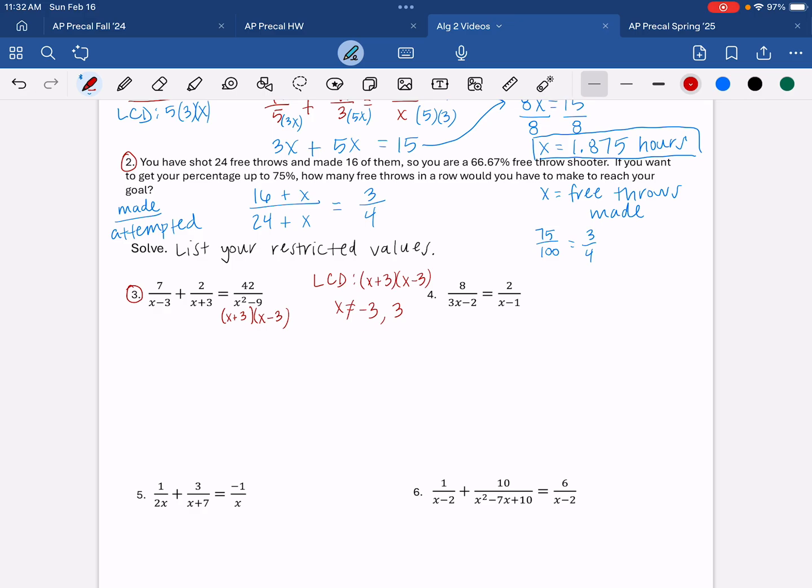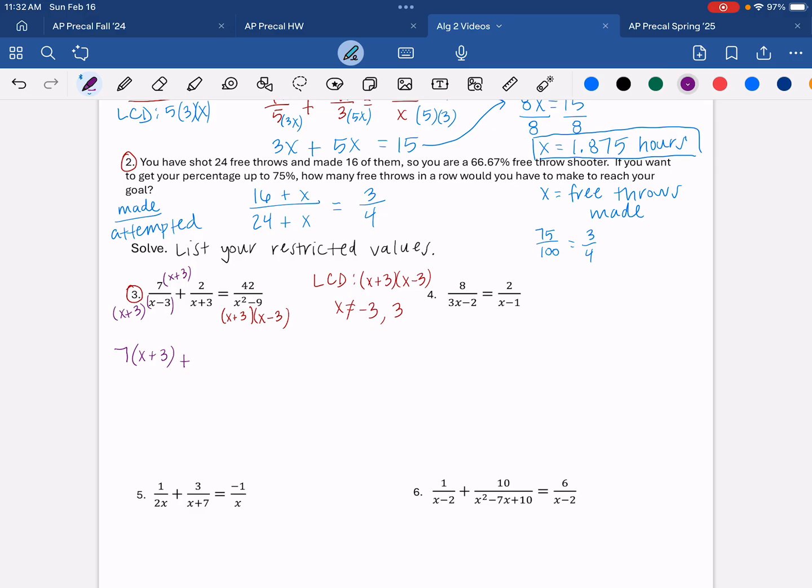Okay, so now let's go and fix each fraction. The first fraction has the x minus 3, but it's missing x plus 3. So let me get a pen. So we're going to go make this first fraction have the x plus 3 as well. And remember, we're just solving the equation in the numerator. So 7 times x plus 3.